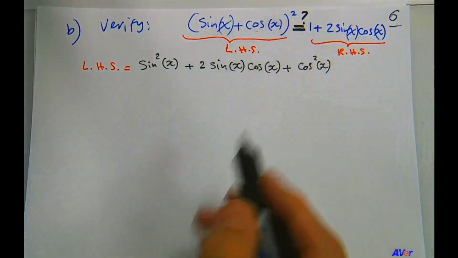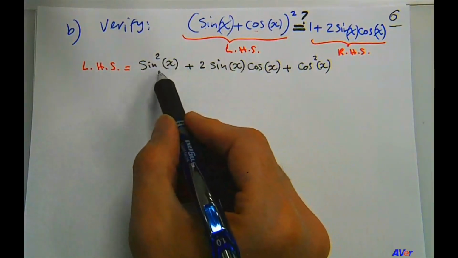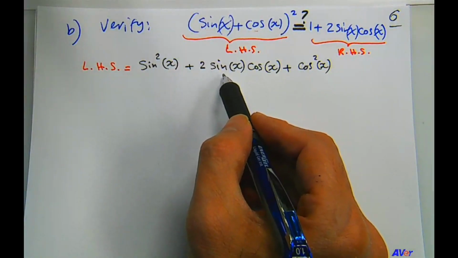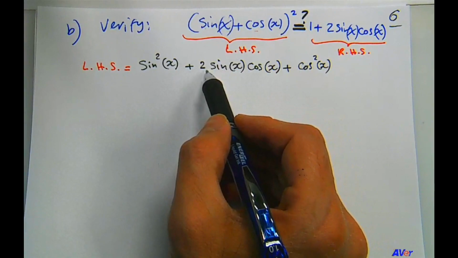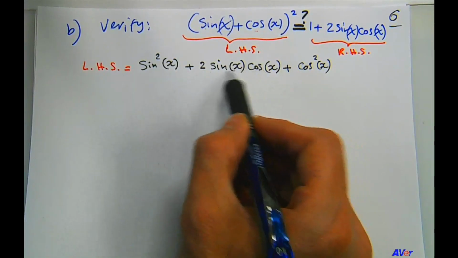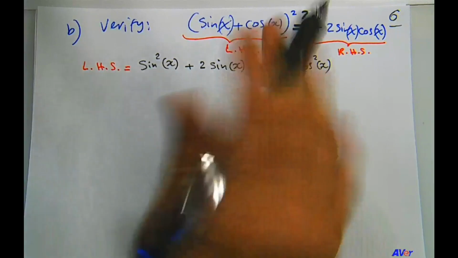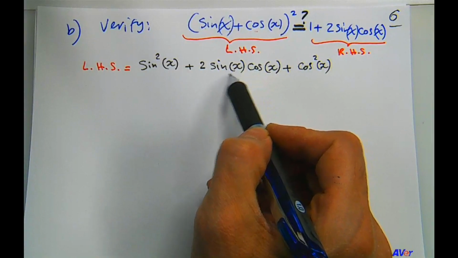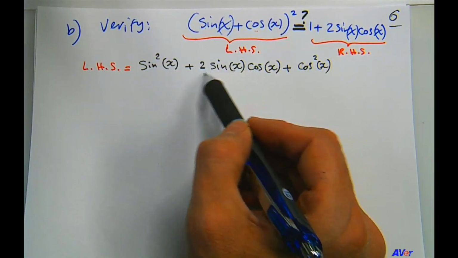Okay, so notice that the middle term, we will later on in this course get to another formula which shows us how we can simplify this middle term. But for now, we're going to keep it like that, but keep in mind that we have a formula that will simplify this.